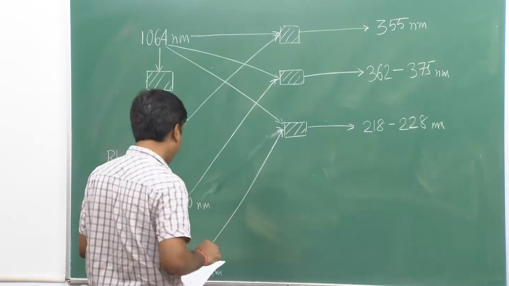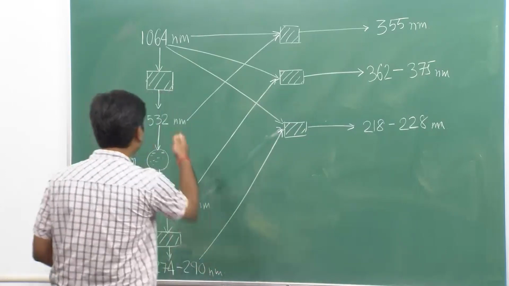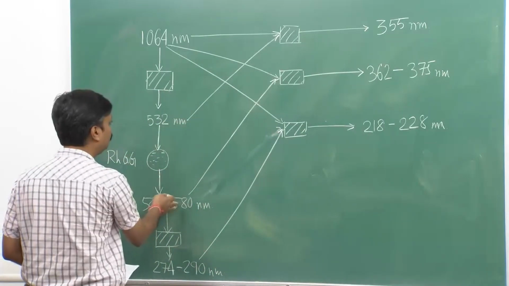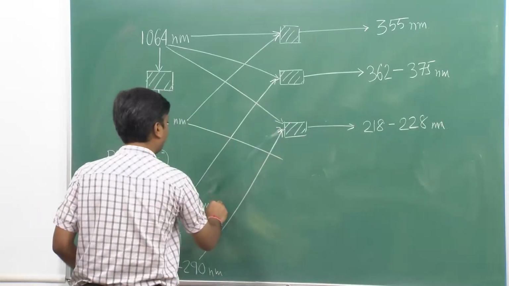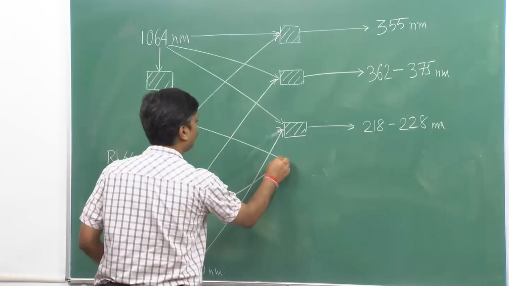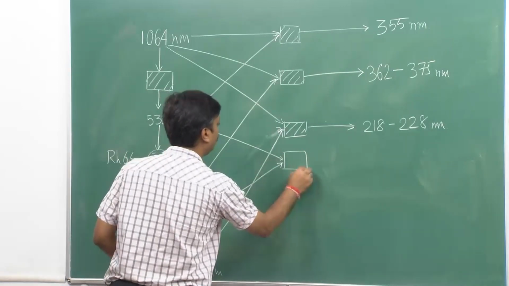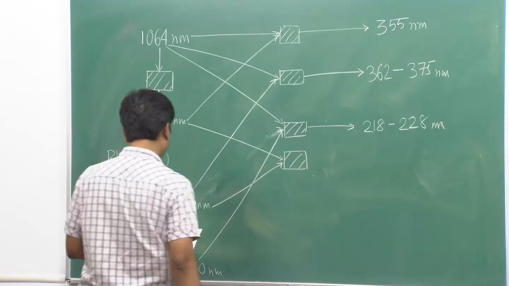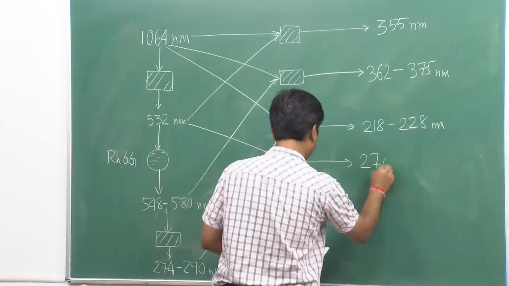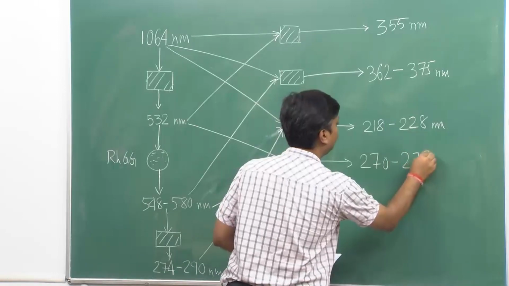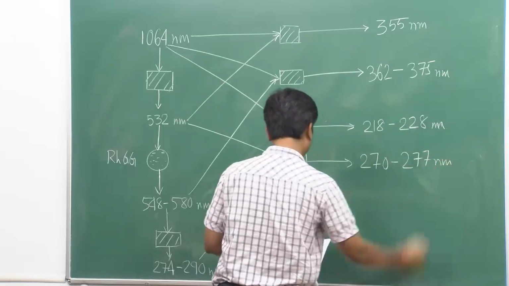Okay. And if I combine 532 nanometer and these dye outputs in a nonlinear optic crystal, I can again get a range of 270 to 277 nanometer, again in the UV.